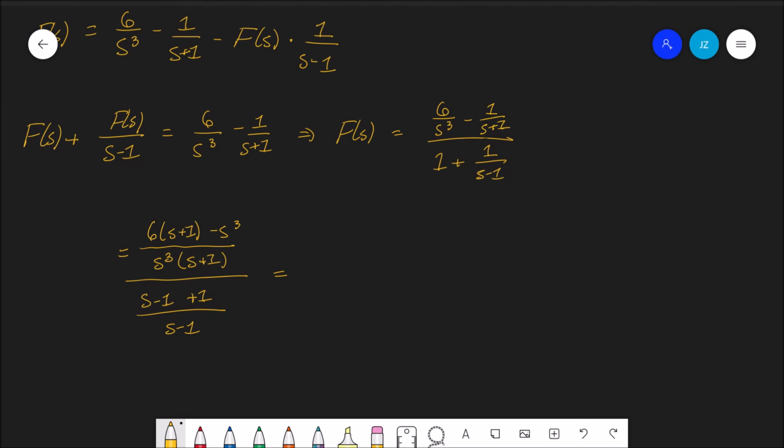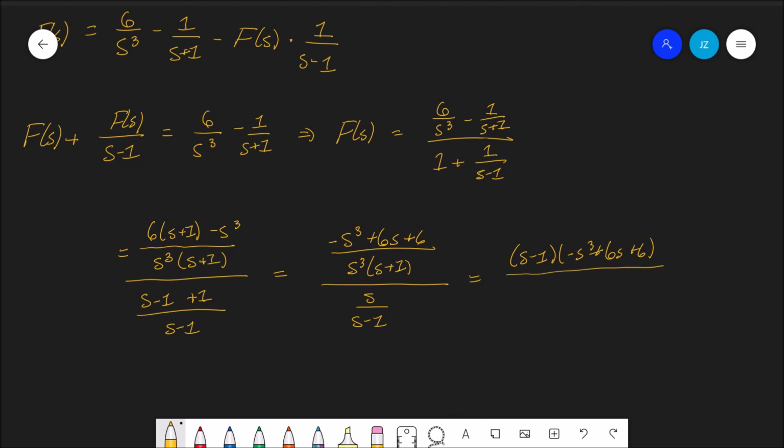So we get negative s cubed plus 6s plus 6 over s cubed times s plus 1, all over s minus 1. And so we get s minus 1 times negative s cubed plus 6s plus 6, all over s to the 4th times s plus 1.